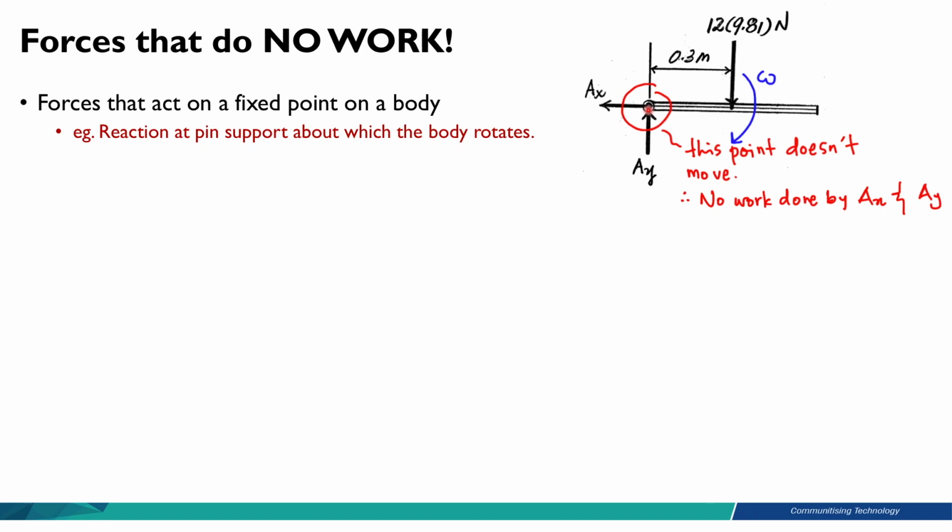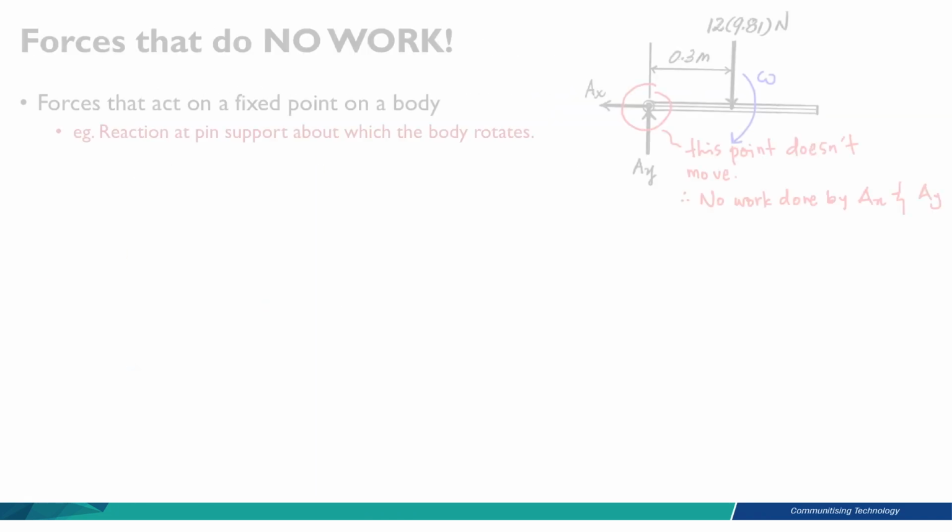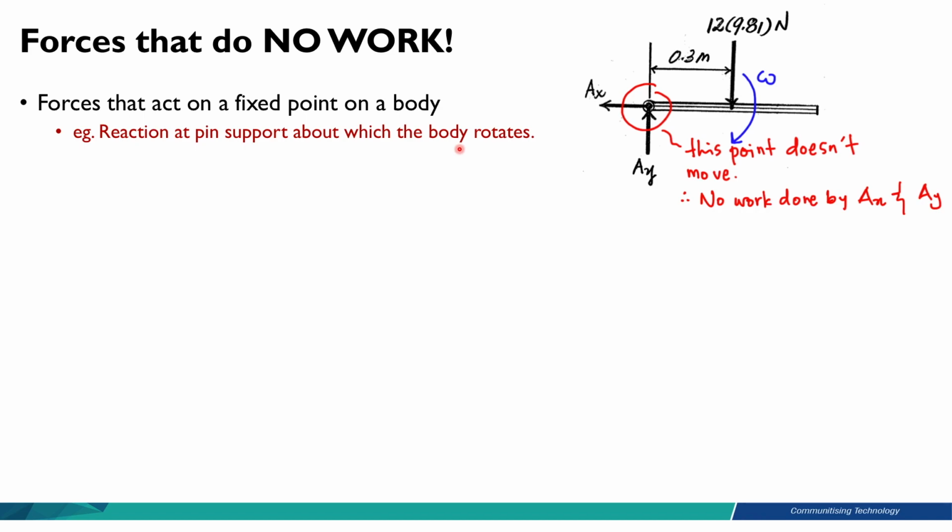Remember the definition of work done: a body will do work when it undergoes displacement in the direction of the force. That is why the reaction at the pin is not doing work, because this point doesn't move.